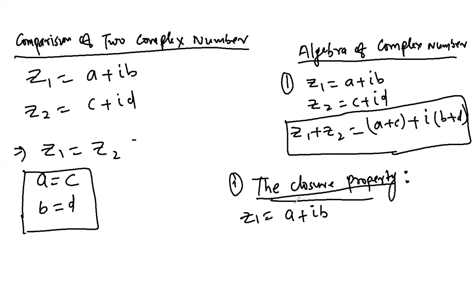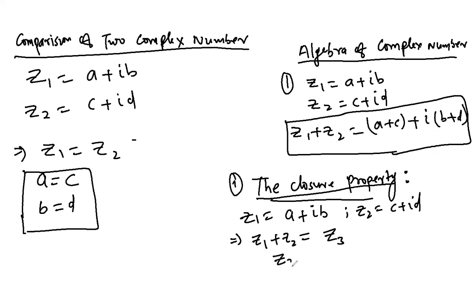Now we were doing the closure property of complex numbers. So you have one complex number z1 and another complex number z2 equal to c plus iota d. And this property I already mentioned: if you add two complex numbers, then the resultant will also be a complex number. It can't be a real number. So I'm denoting it by another complex number, let's say z3.